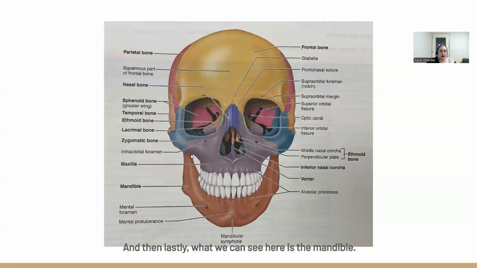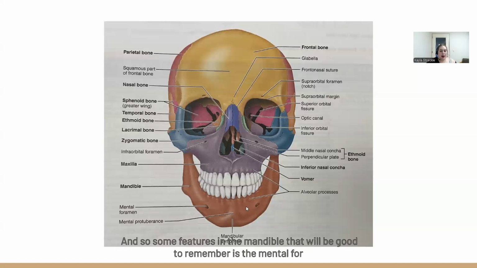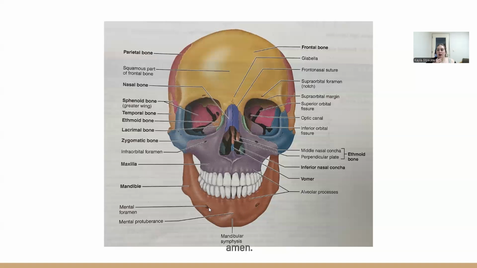And then lastly, what we can see here is the mandible. The mandible is your jaw. Some features of the mandible that will be good to remember are the mental foramen, which are going to be in your mental region, and they're also going to allow nerves and blood vessels through.